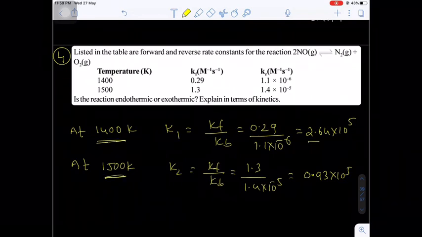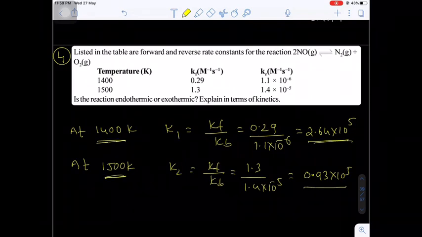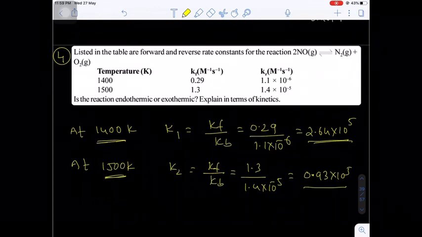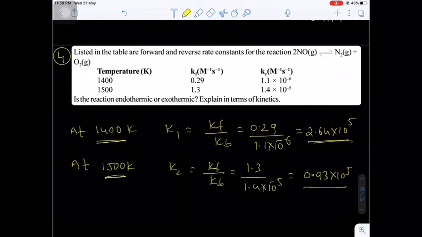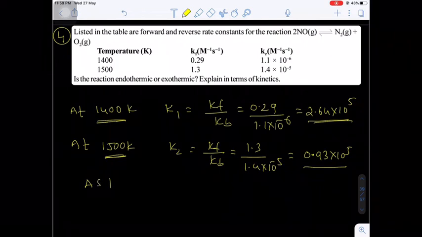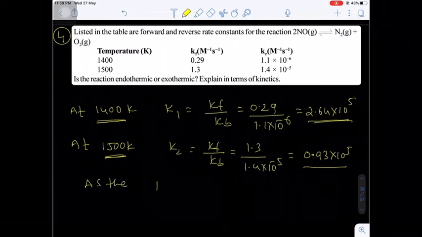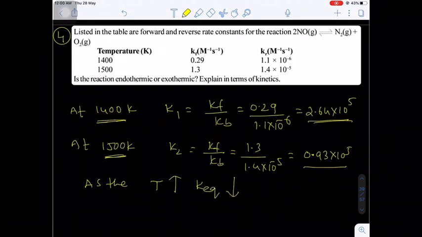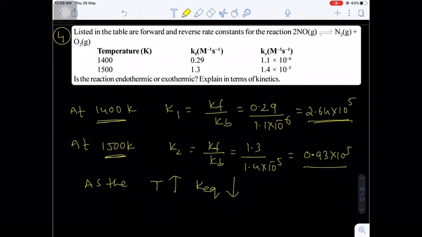Now you see temperature increases. What about the equilibrium constant value? Decreases. That means here temperature and equilibrium constant are inversely proportional. That means it is an exothermic reaction. As the temperature increases, what about the equilibrium constant value?